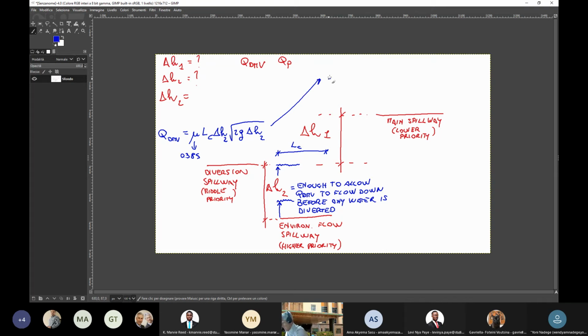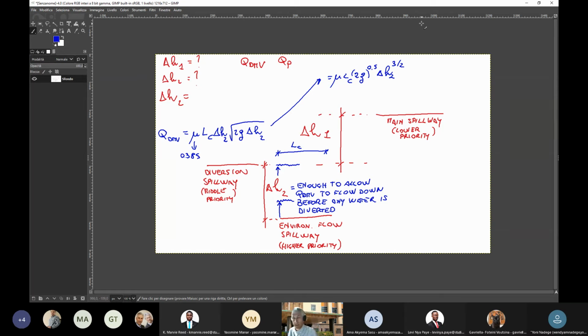Let me bring it here. We can write it as μ LC (2g)^0.5 delta H2^1.5.